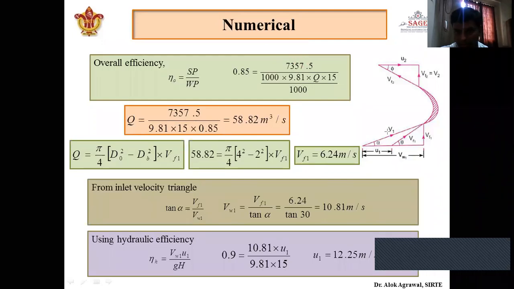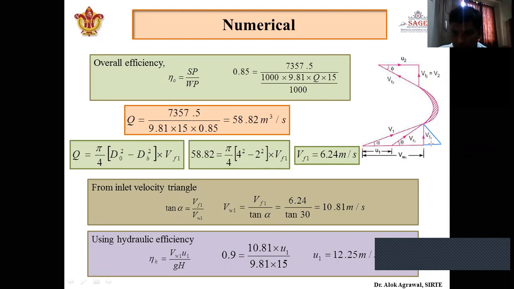So what is the case? This will be like this. This will be our theta. So theta will be coming out to be 103 degrees.